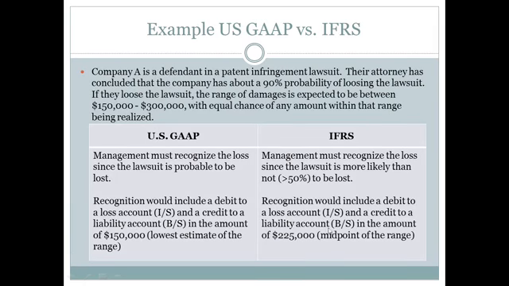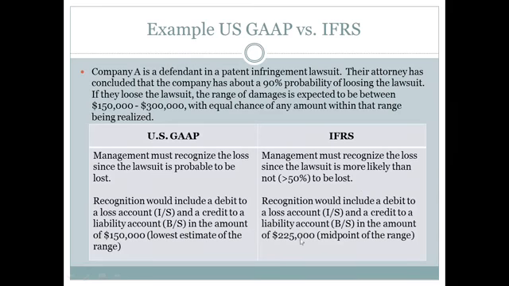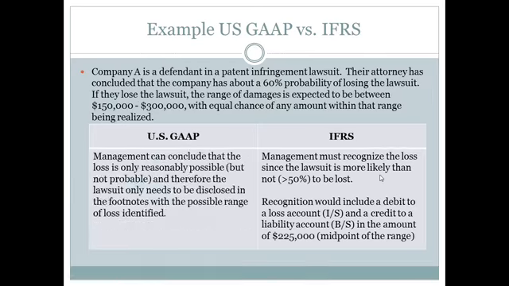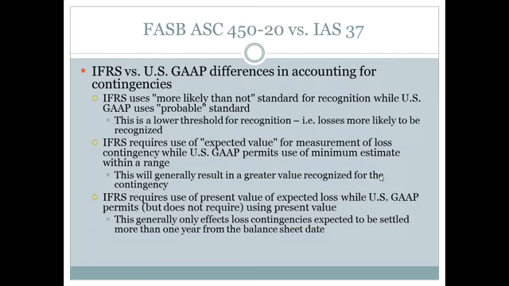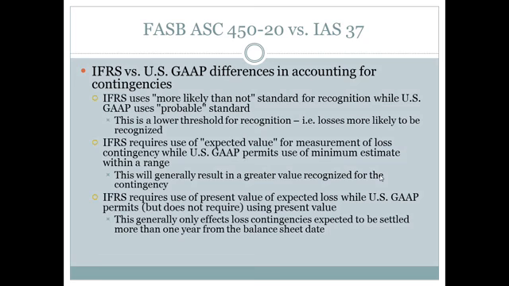IFRS is unaffected by the change in the circumstances here. It's still greater than the 50% chance of losing the lawsuit, and the range of estimates here is still the same, and so we'd still recognize a $225,000 loss under IFRS. So that's what I was talking about earlier, where the threshold for recognizing the loss contingency under IFRS is a lower threshold.